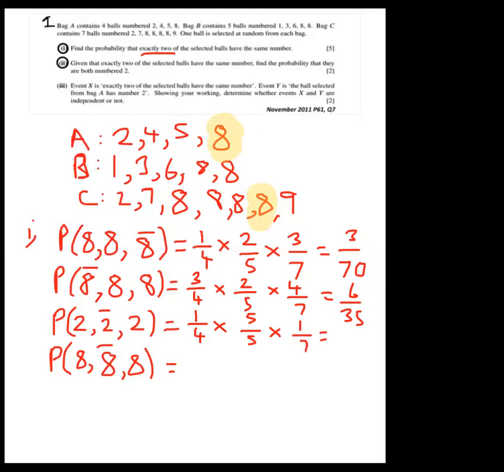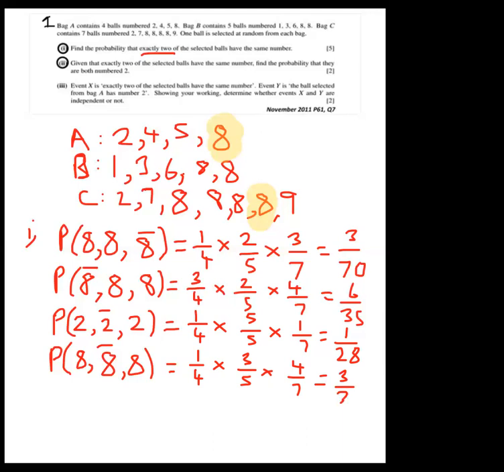This is equal to 1 upon 28. Then for the fourth one, bag A has 8, so 1 upon 4. Bag B does not have 8, so 3 upon 5. And bag C has 8, so 4 upon 7. This is 3 upon 35.